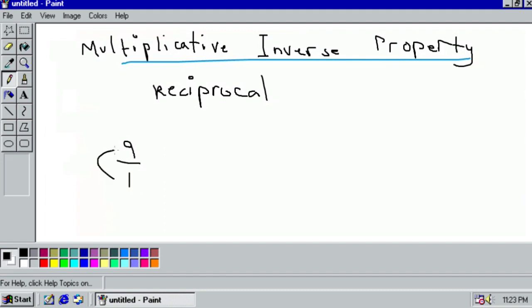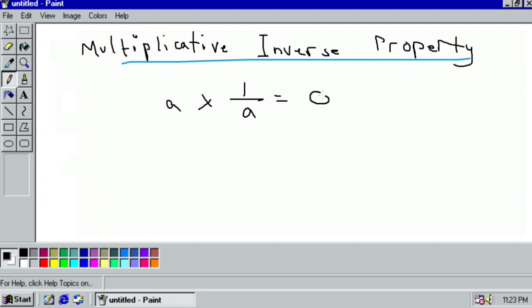We just move 1 there and 9 there. So the reciprocal of 9 is 1 over 9. So for this property, we have any number a, times the reciprocal of a, which is 1 over a.